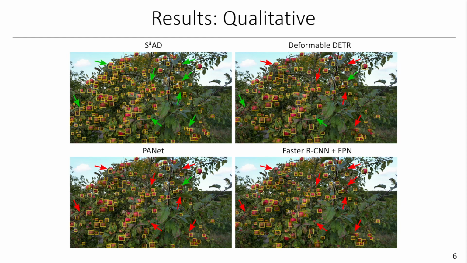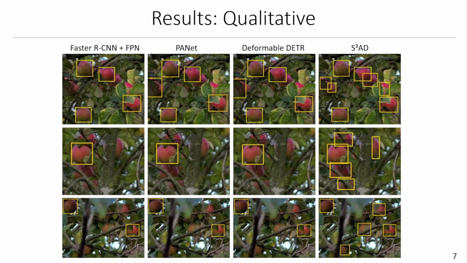In the images, the red arrows indicate missed apples and the green arrows indicate that they were correctly detected. However, since it is too difficult to spot many of the details in these images, let us look at some zoomed-in regions. From this detailed view, it is clearly visible that S3AD is much better at detecting very small and heavily occluded apples, which are always missed by the other systems.